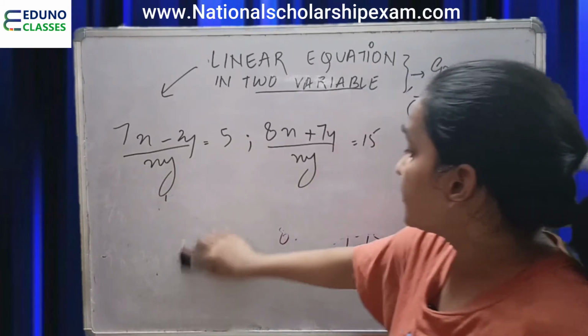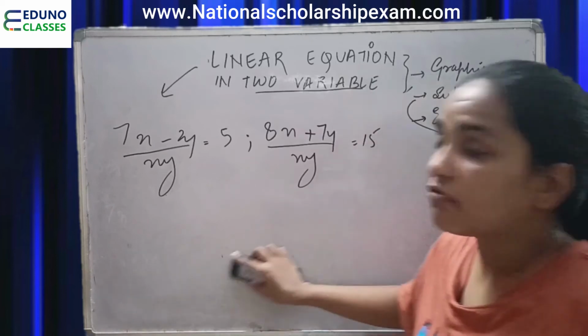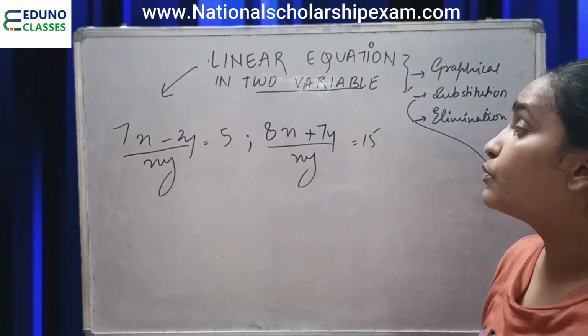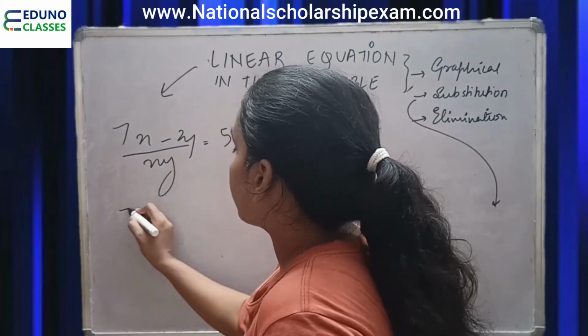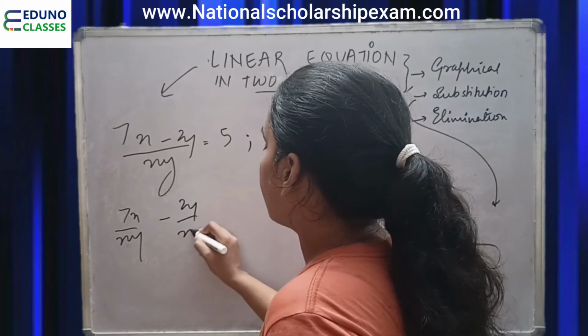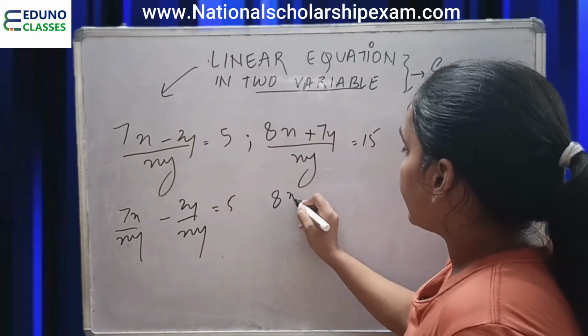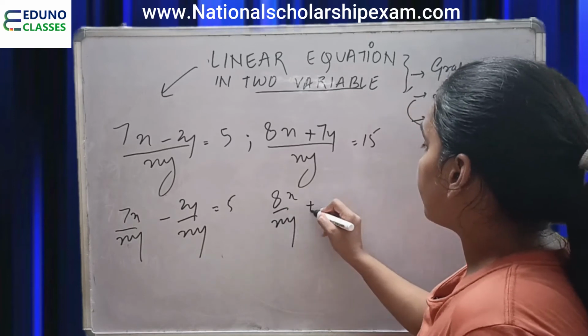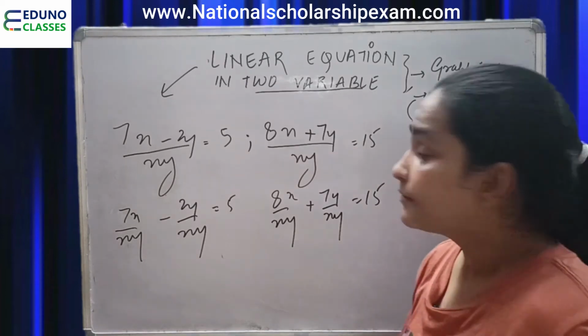We did it so as to understand which kind of equation can be solved by the conventional method and which kind of equations require more tricks to solve. So 7x by xy minus 2y by xy is equal to 5. 8x by xy plus 7y by xy is equal to 15.